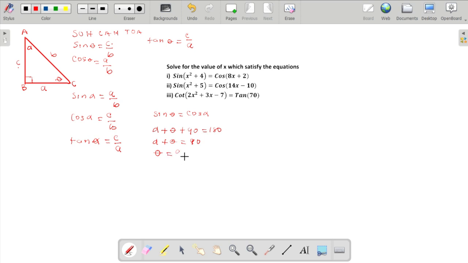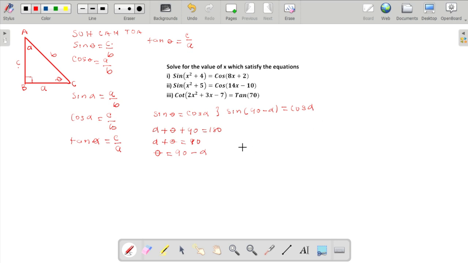This becomes 90 minus alpha. So in place of theta, we replace it: sine of (90 minus alpha) is equal to cos alpha.